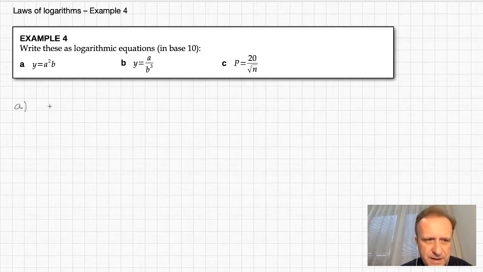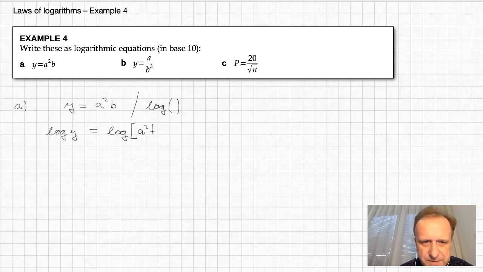So in part A, I will write this equation y equals a squared b. And now let me take a logarithm of both sides. So if this is true, then also the logarithm of y should be equal to the logarithm of a squared times b.